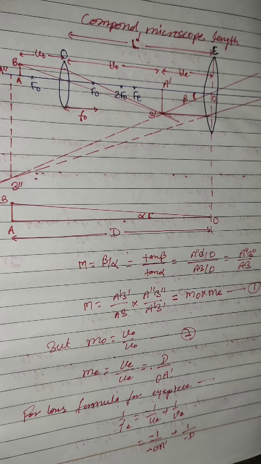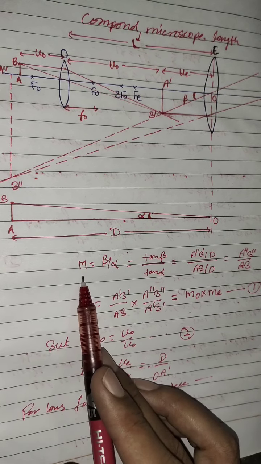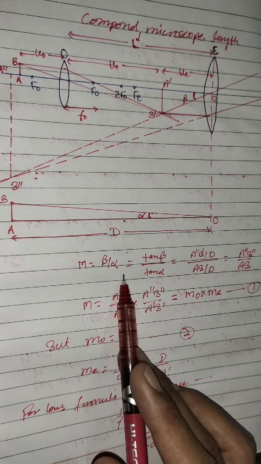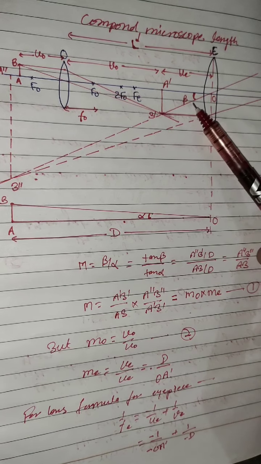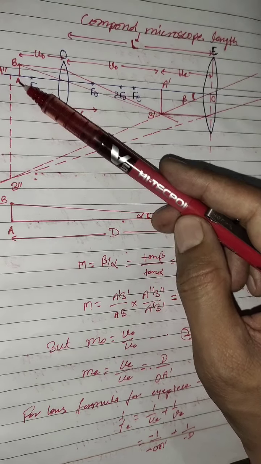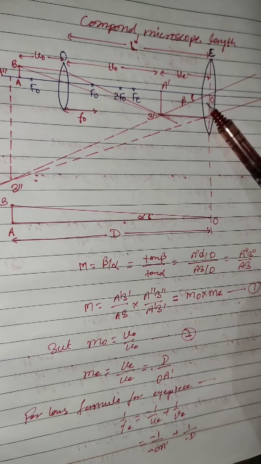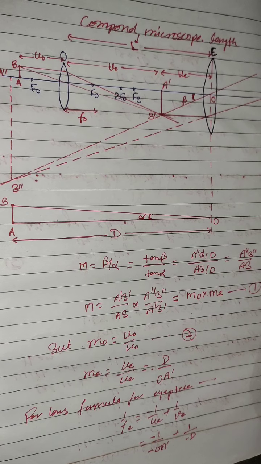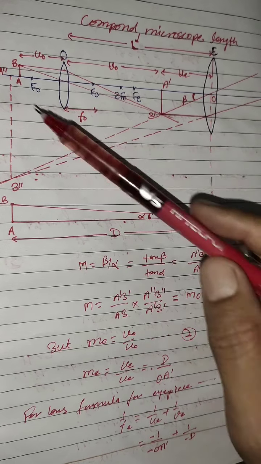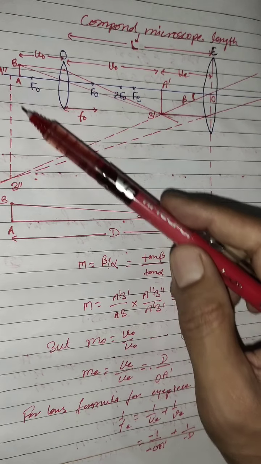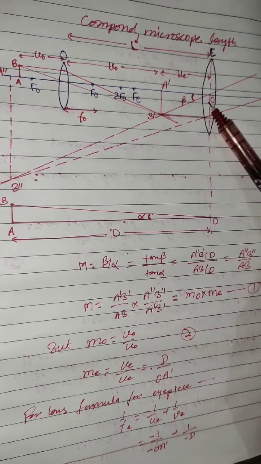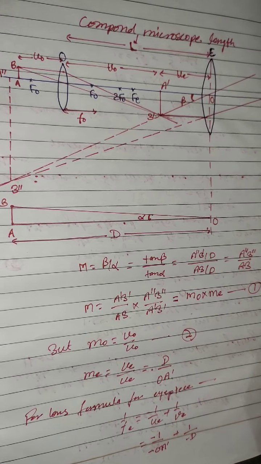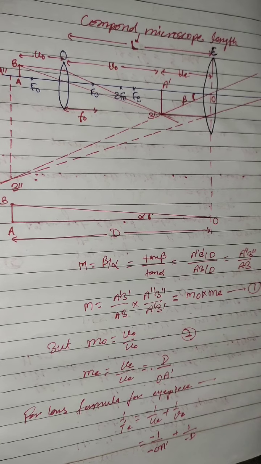So this is all about the definition of angular magnification. If we write the same thing mathematically, then m is equal to beta upon alpha. Here beta is the angle subtended by the final image A double dash B double dash to the eyepiece. As the eye is very close to the eyepiece, the angle subtended by the final image A double dash B double dash to the eyepiece is the angle to the eye as well.